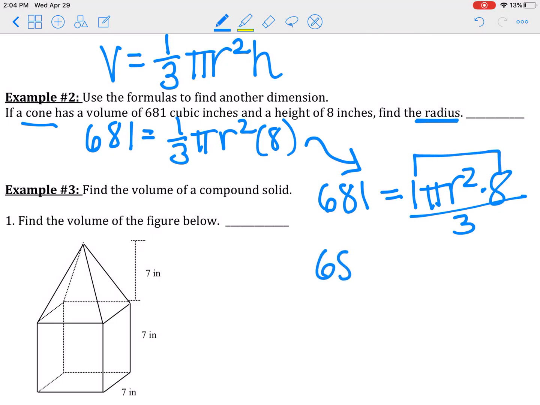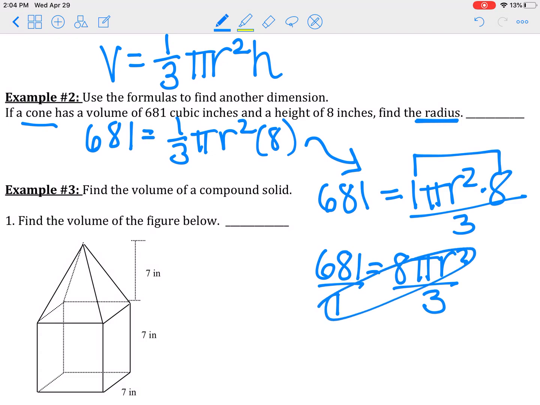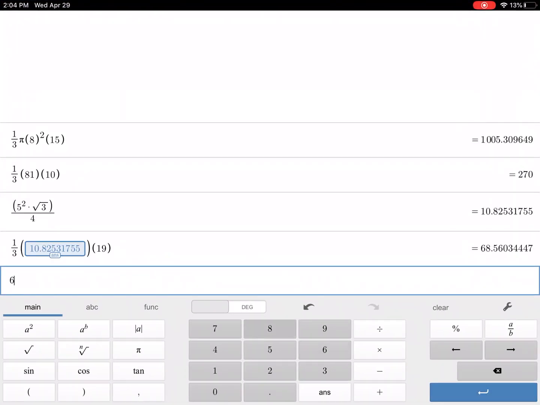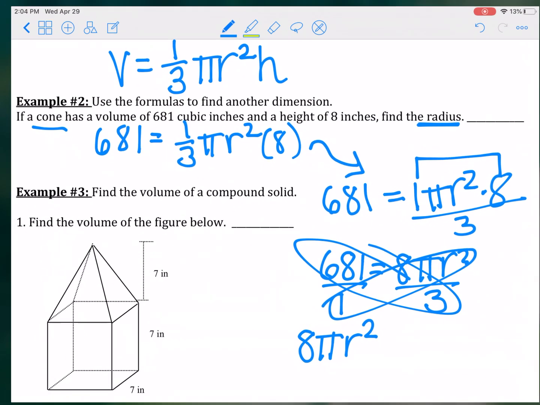So then we have 681 is equal to 8 pi r squared, all divided by 3. And the reason dividing by 3 is easier than multiplying by 1/3 is because we can put 681 all over 1 and cross multiply. Anything multiplied by 1 stays the same, and then 681 times 3 gives us 2,043.